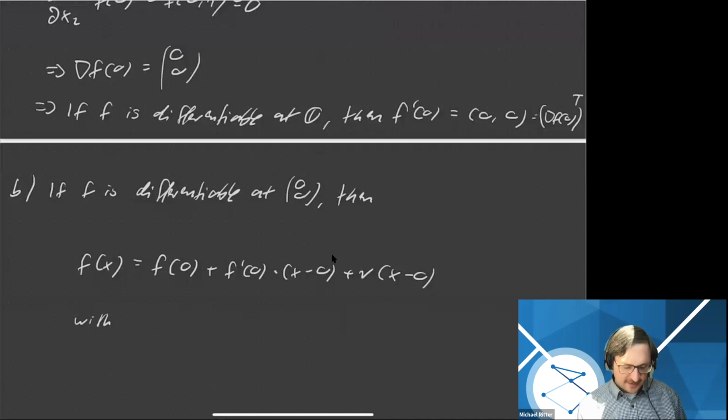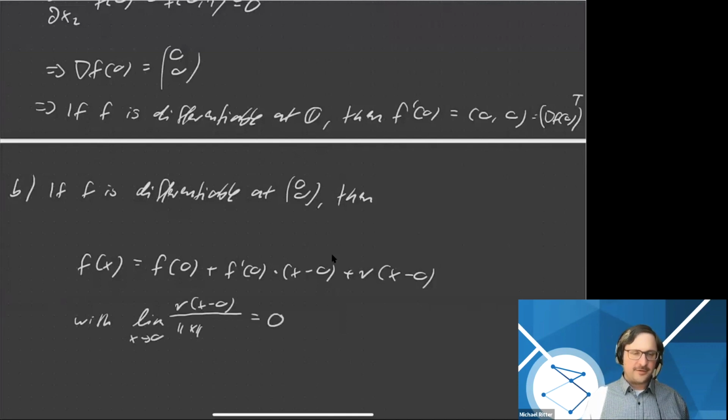And what that exactly means is the limit of that remainder divided by the norm of x goes to 0 as x tends to 0. So that's the condition from the definition of total differentiability.